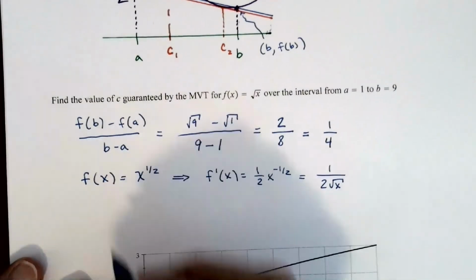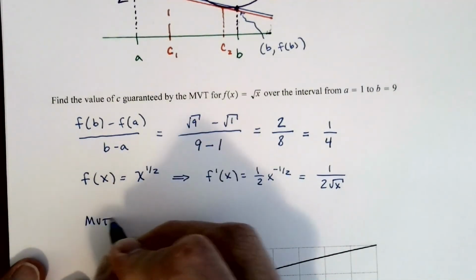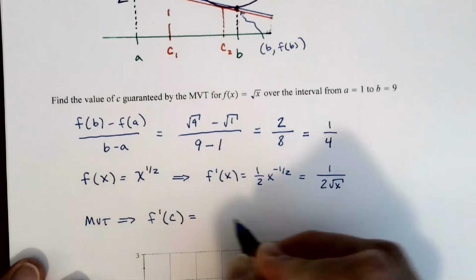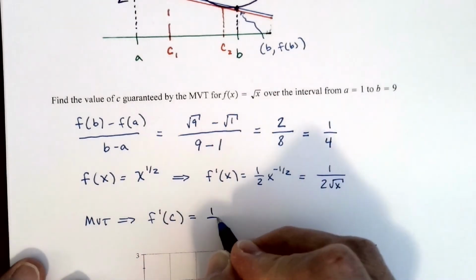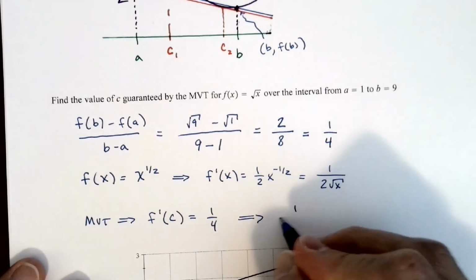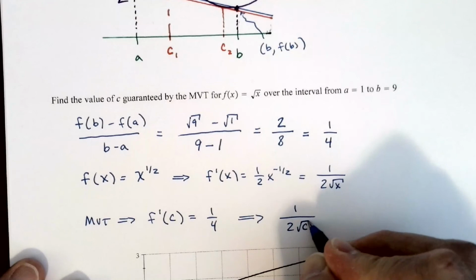Okay, and so the mean value theorem then says that there is some value c such that the derivative is equal to what? The average value 1/4. So if I plug in c to my derivative, I get this equation here to solve for c.